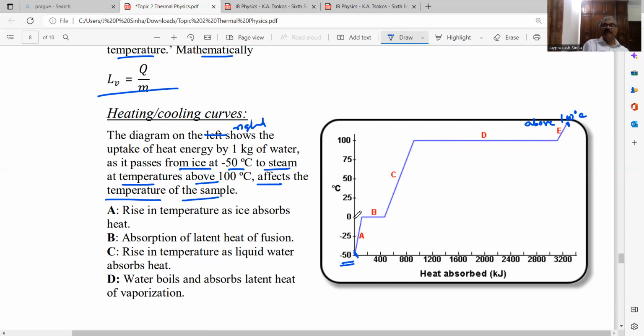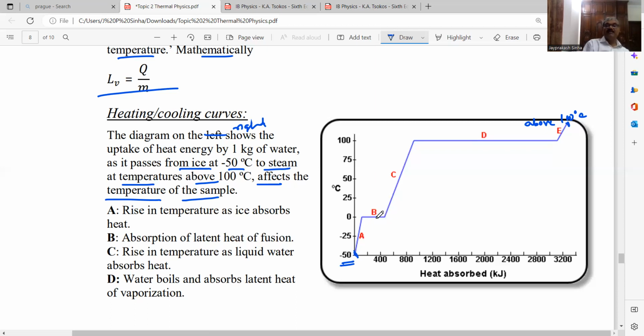The initial temperature of the ice is -50 degrees Celsius, so we have to supply heat to raise its temperature, from -50 to -25, -20, -10, -5, and then 0. When 0 degrees Celsius is reached, melting of ice starts.